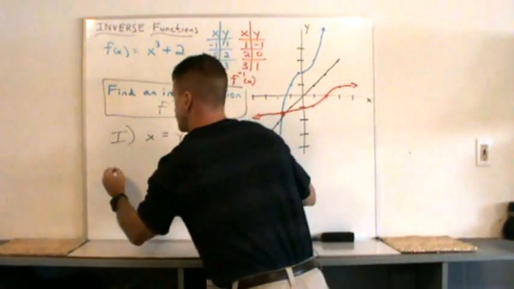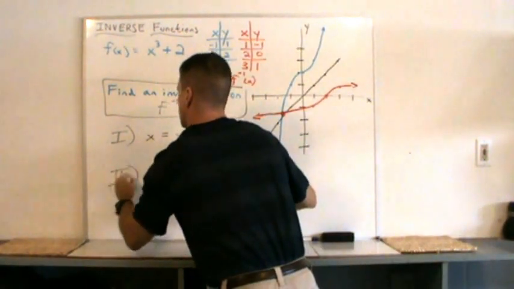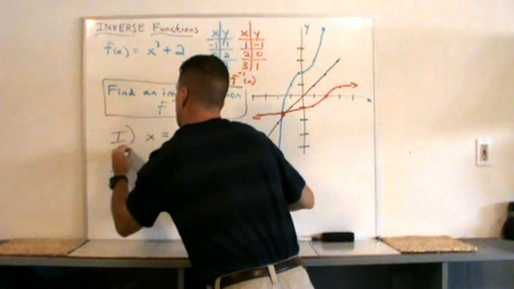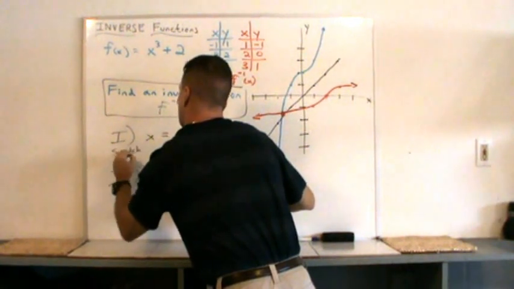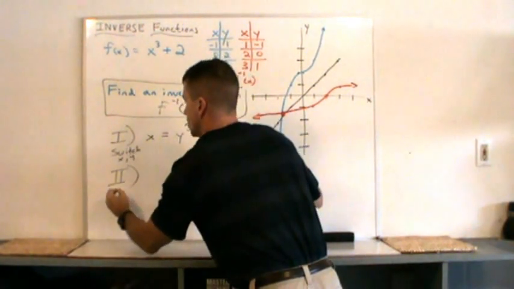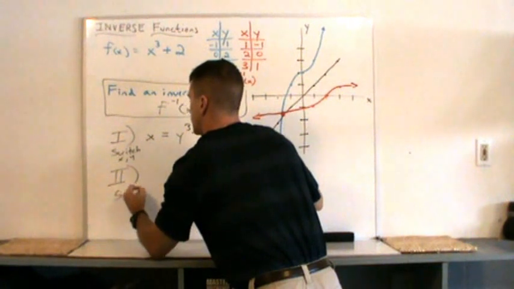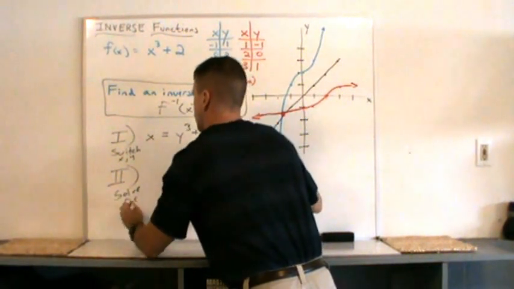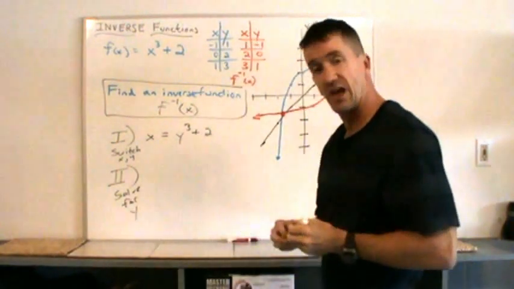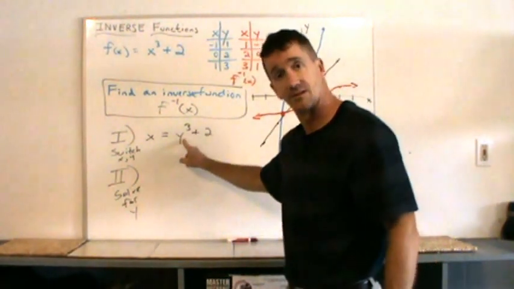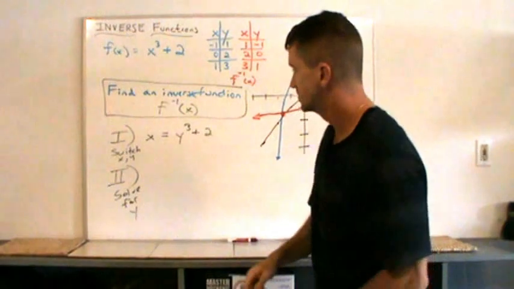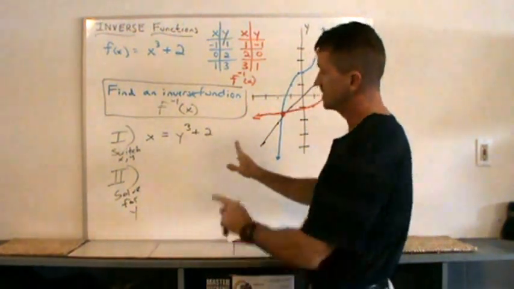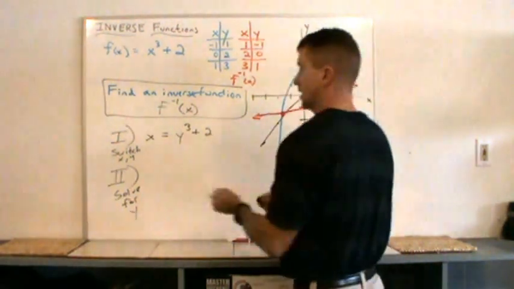Step 2. Now that we've switched x and y, you need to solve for your new y. You have to solve for that new y that just emerged right there. You have to isolate that y. So how do we solve for y? Let's start out by subtracting the 2 on both sides.